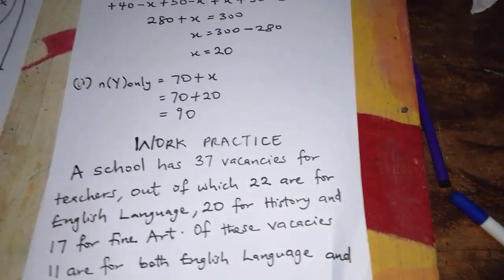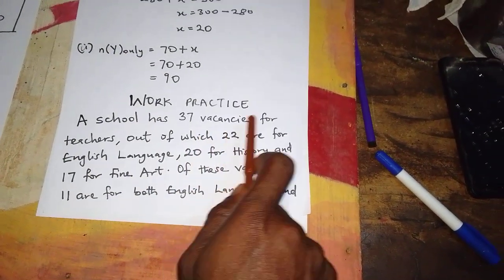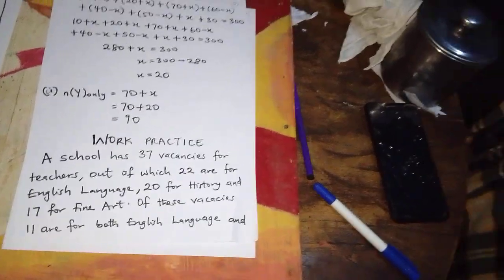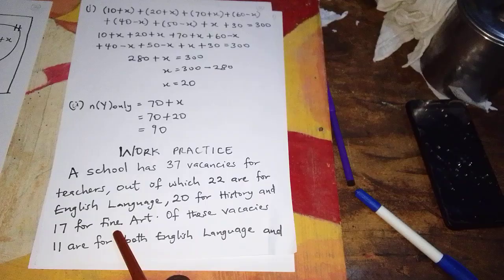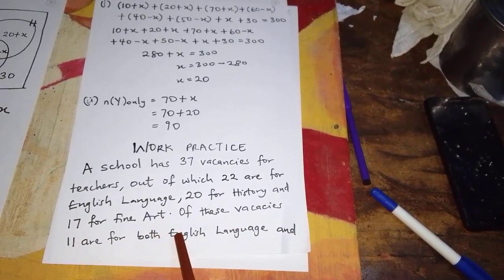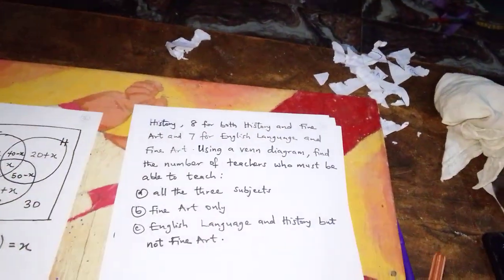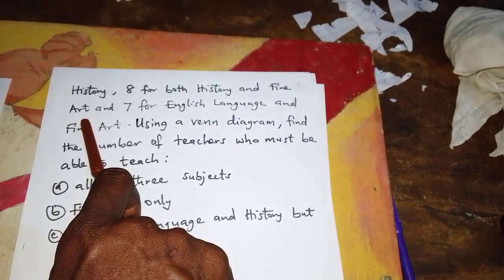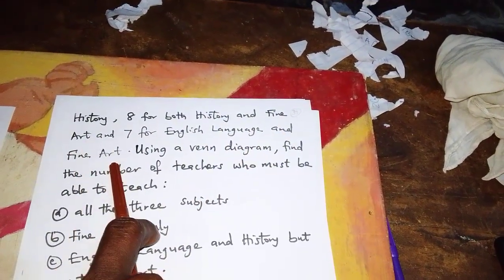So work practice. A school has 37 vacancies for teachers, out of which 22 are for English language, 20 for history, and 17 for fine art. Of these vacancies, 11 are for both English language and history, 8 for both history and fine arts, and 7 for English language and fine arts.